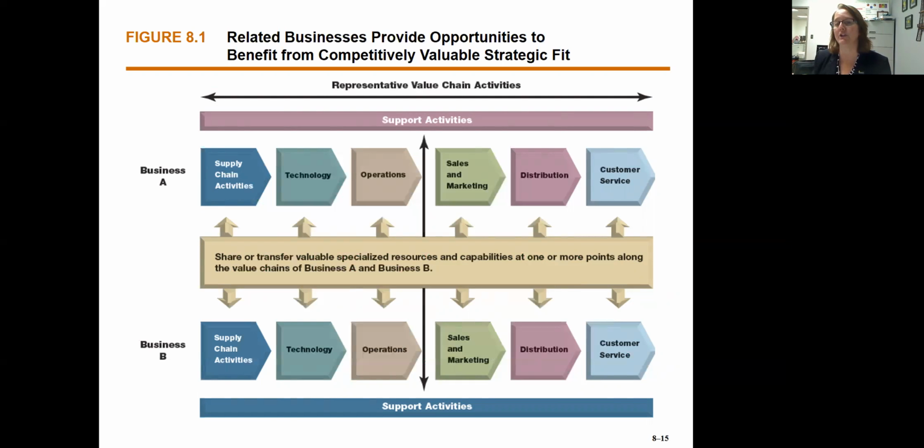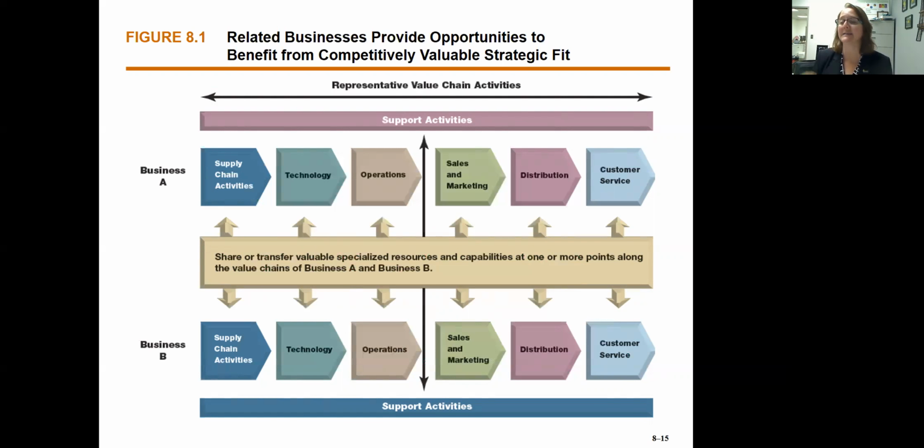Is it the technology or operations? Is it sales and marketing knowledge? Is it distribution? Is it customer service? You're looking for one or more of these points where you're going to share, and either you need to join forces to make it happen because of the risk, or let's say that firm B has better technology than firm A, so they have the technology advantage.